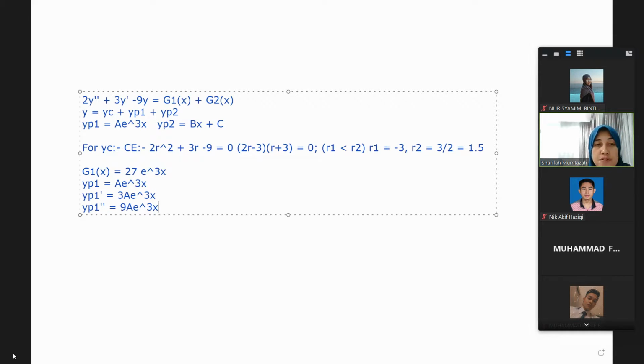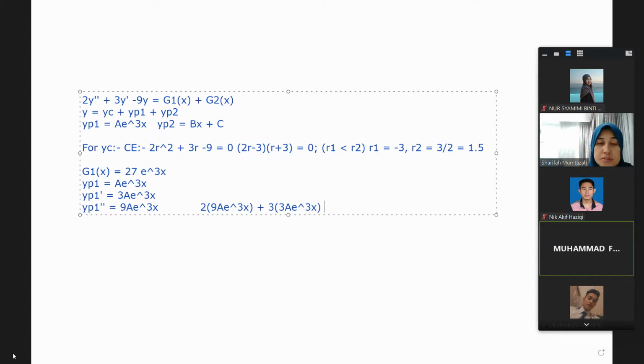All right. So if you were to substitute this into the top equation, so substitute right here, 2 times in brackets 9A e to the power of 3x, plus 3 in brackets 3A e to the power of 3x, all right?